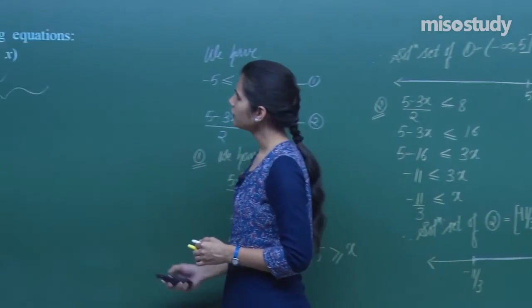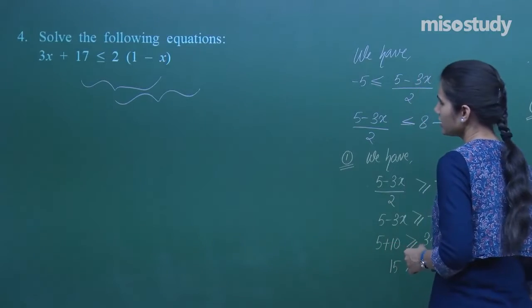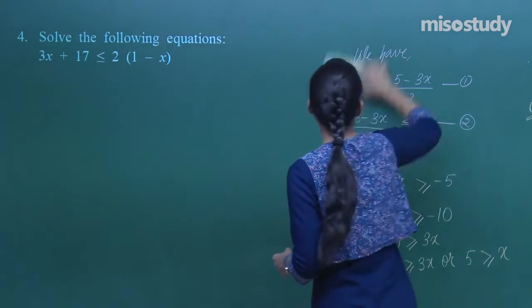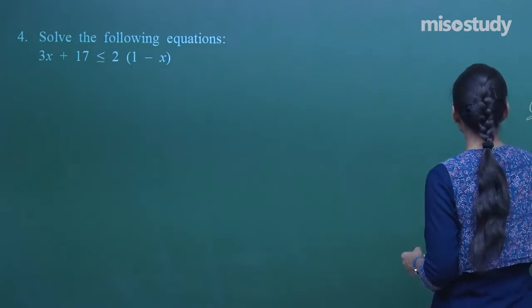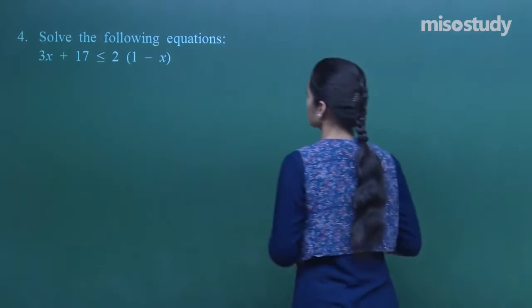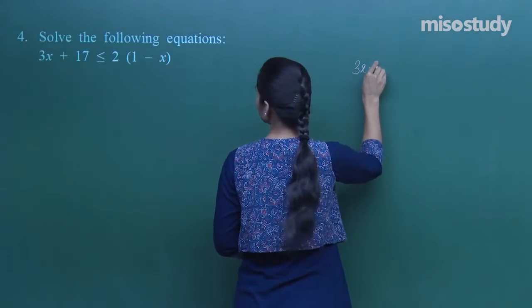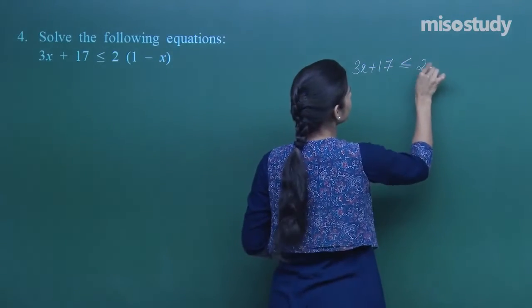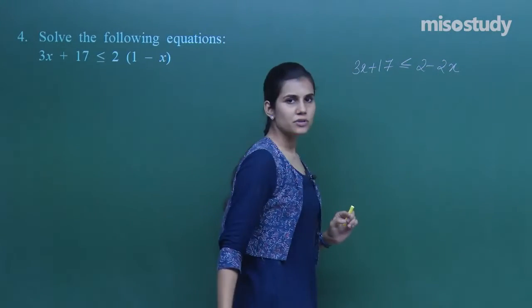After this we have to solve this inequation: 3x plus 17 is less than or equal to twice of 1 minus x. This is just one single inequality, not a system. So we have 3x plus 17 is less than or equal to 2 minus 2x. Simplify as much as you can.